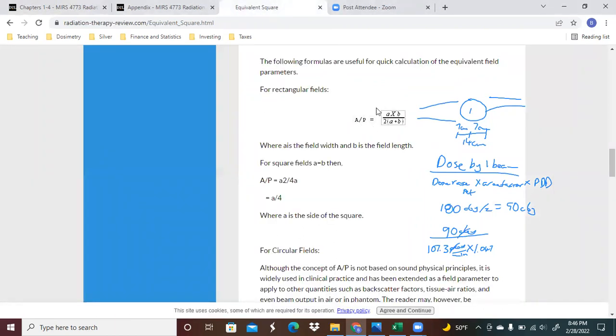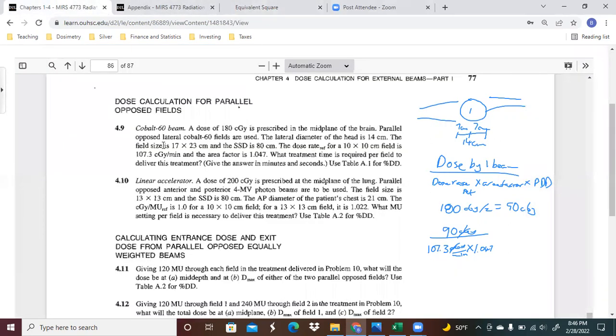We're going to use this particular formula right here. So we're going to go back over on this side, and we're going to take 17 by 23 and divide by 2 times the sum of those two.